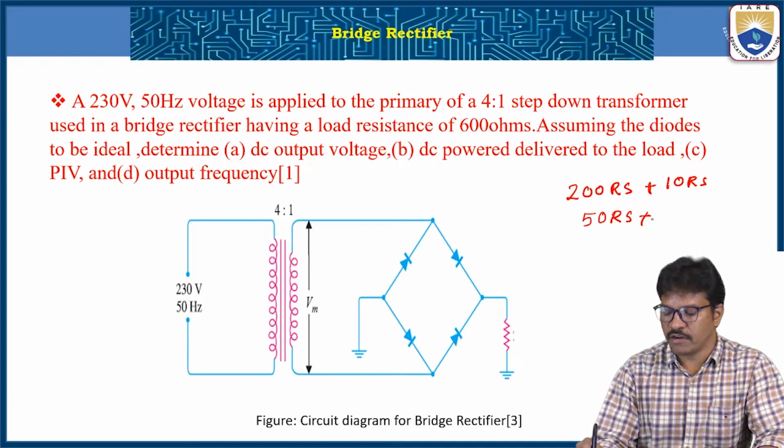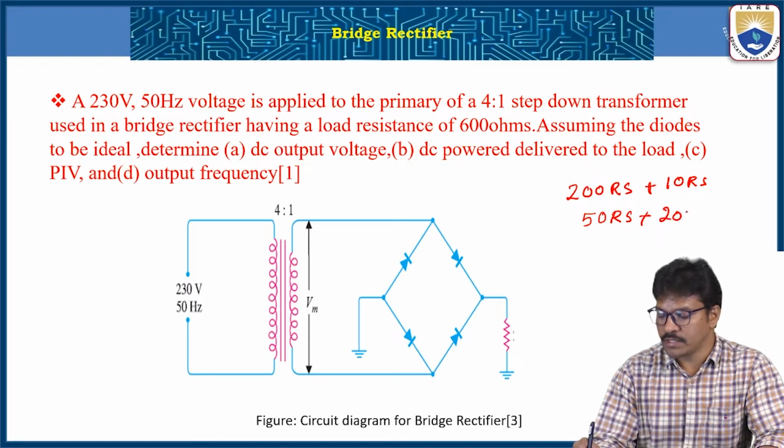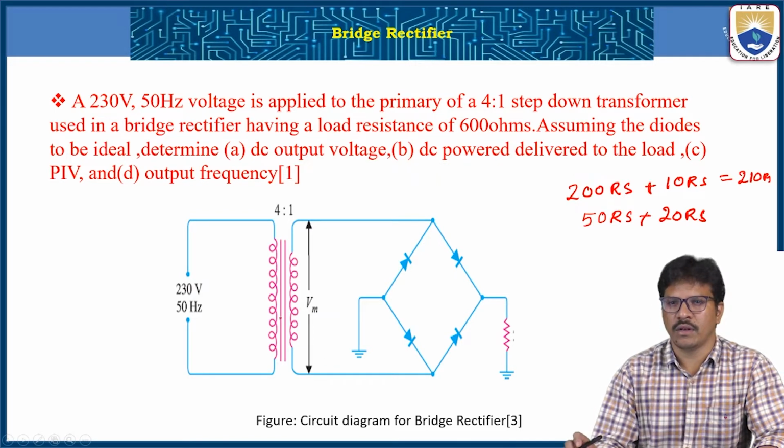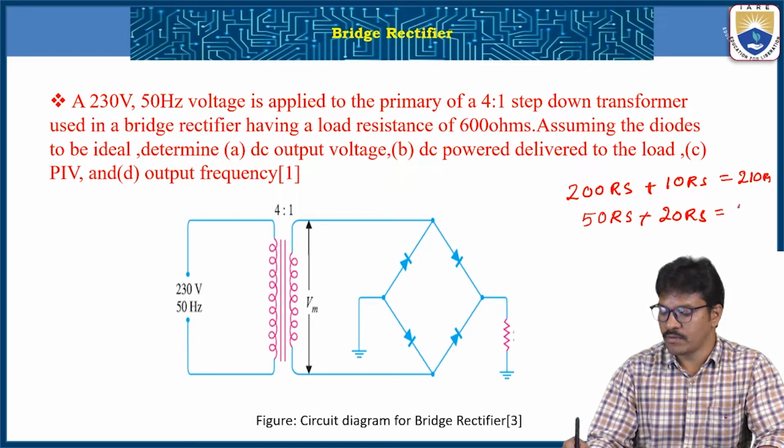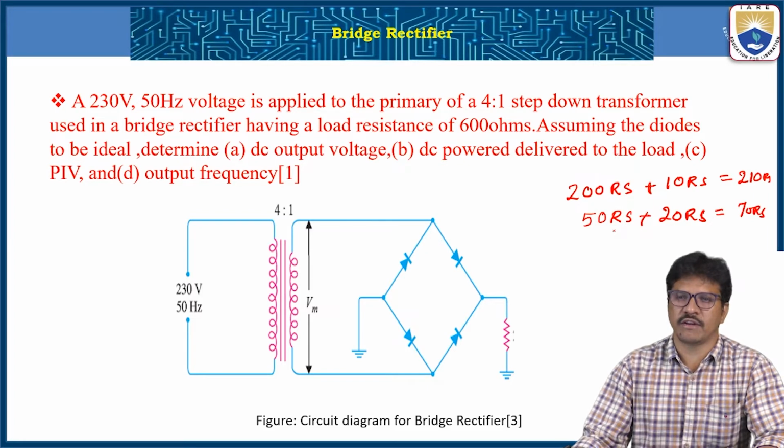And in the bridge rectifier we require 4 diodes, meaning 20 rupees. So taking all this, the full wave rectifier needs 210 rupees to design, while the bridge rectifier requires only 70 rupees. That much more economical is the bridge rectifier.